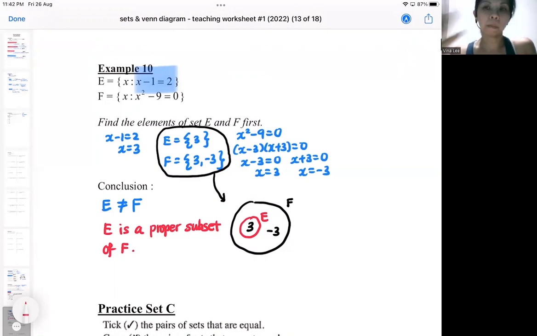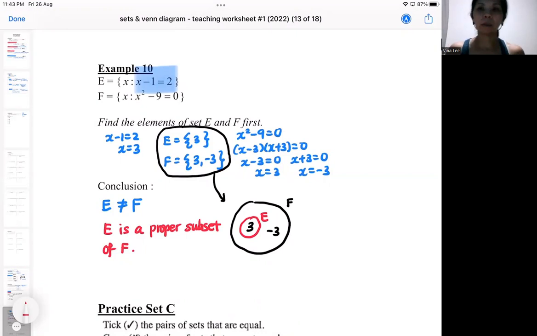So that is called a proper subset. Okay, so anyway, later on, we'll introduce a symbol on this. But right now, you just have the idea that a small set in a big set will be a proper subset.